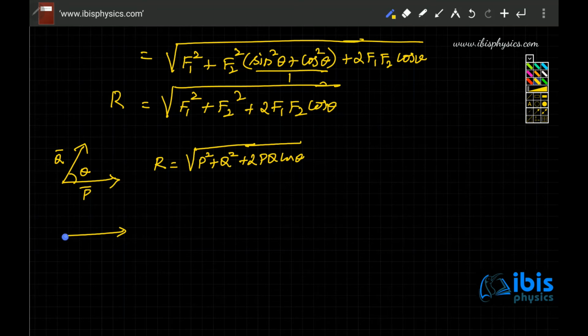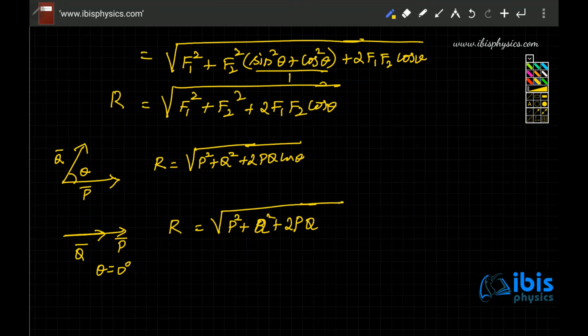P vector is here, q vector is also in the same direction. Then the angle between them, theta, equals 0 degrees. Then the resultant vector will be root over p square plus q square plus 2pq cos 0 degrees.